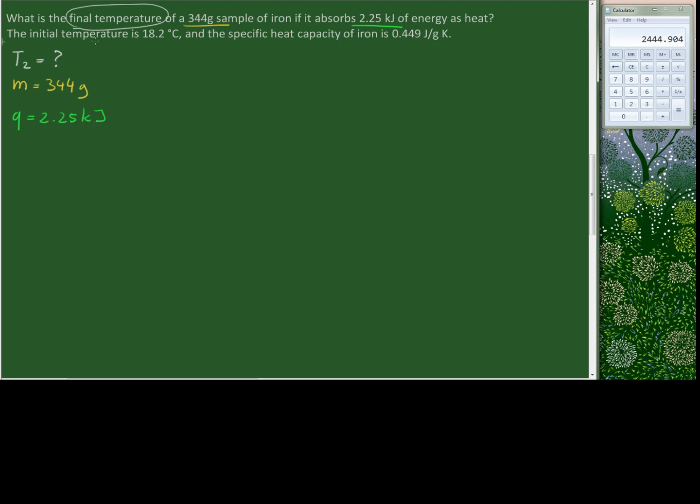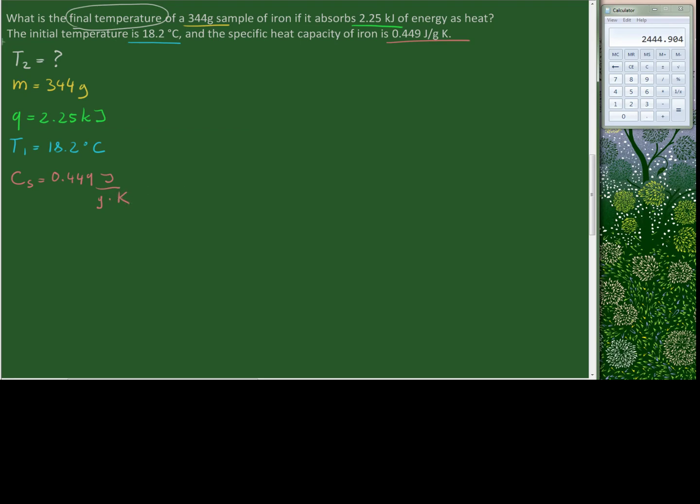We are given the initial temperature as well, so T1 is 18.2 degrees Celsius. And we are given the specific heat capacity, 0.449 joules per gram Kelvin.